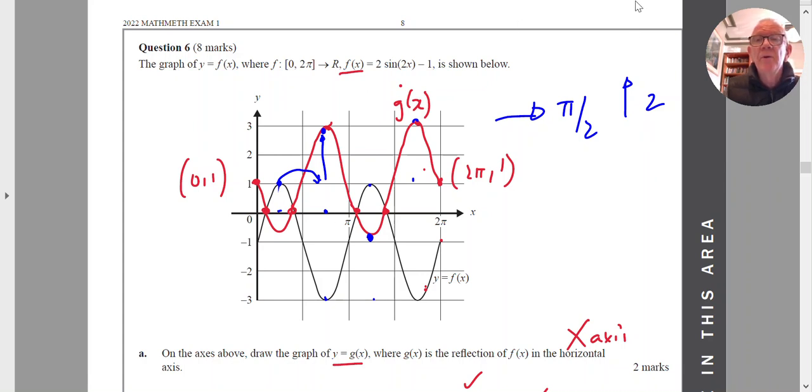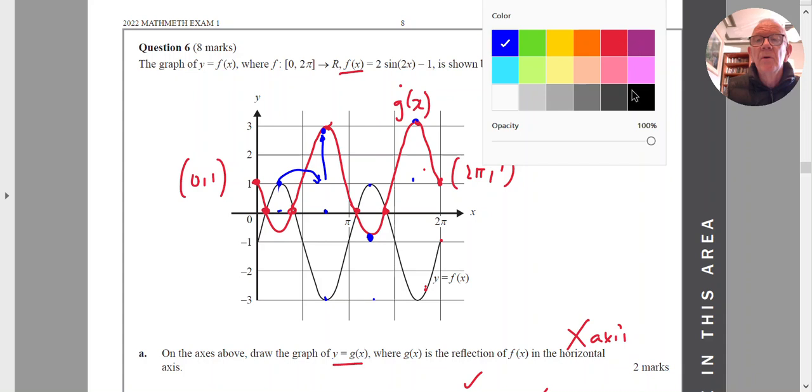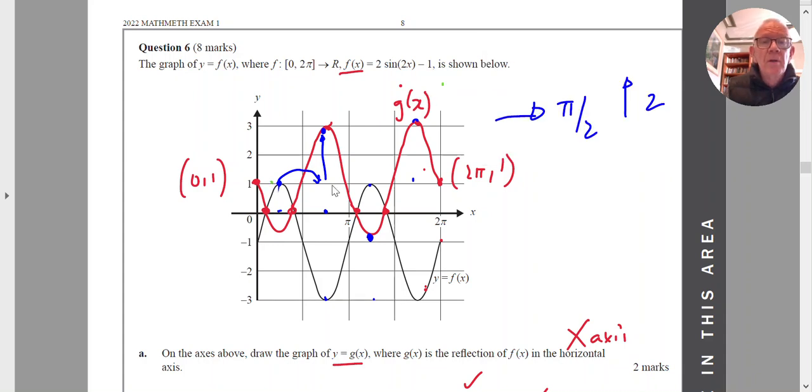Alternatively, I could move to the left pi on 2 and up 2. So I could go minus pi on 2 and up 2. Either way, both of them are acceptable.